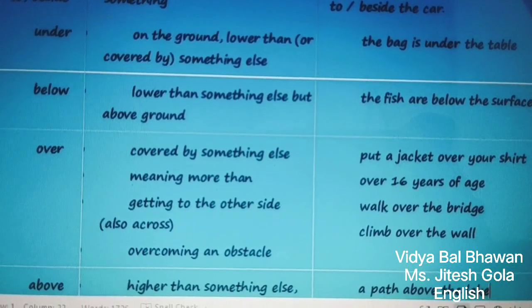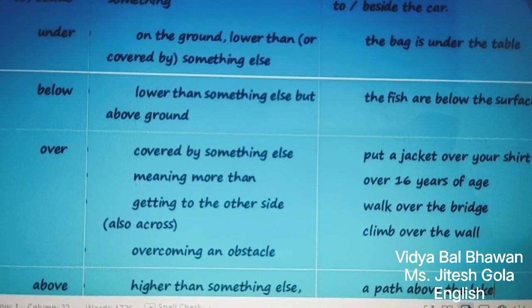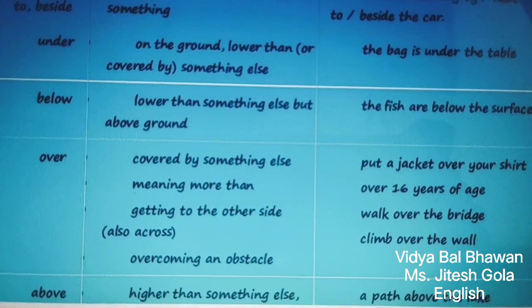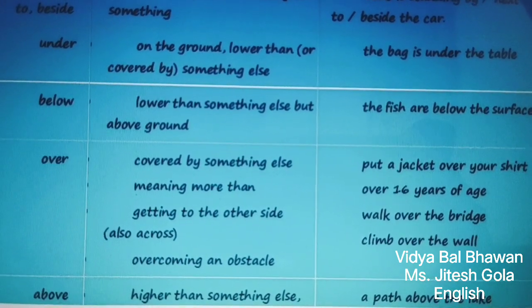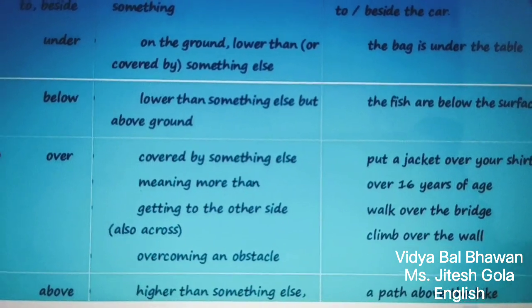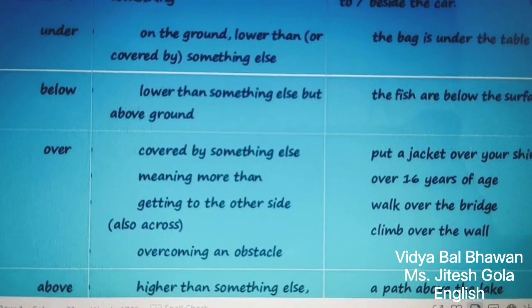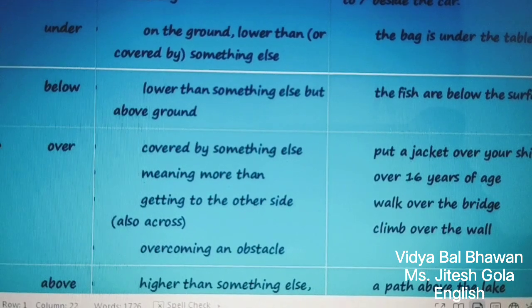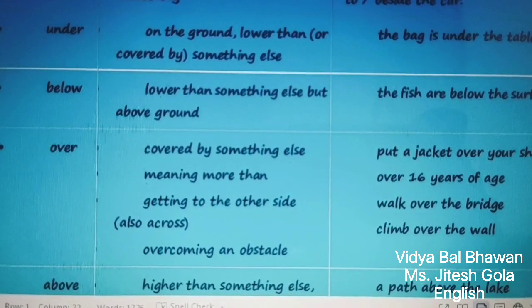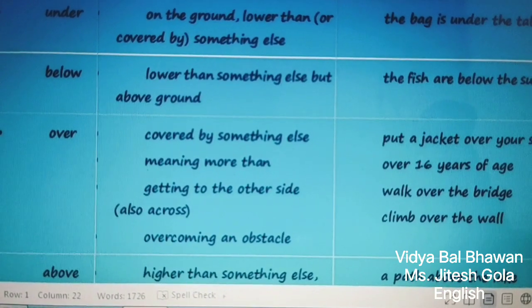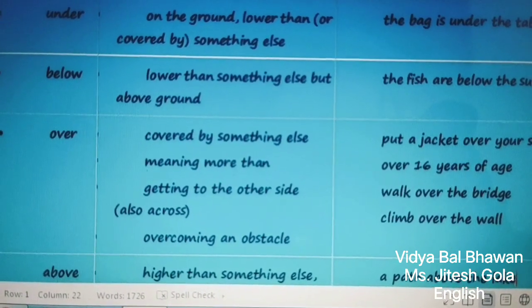Next, over can be used for more than, like I have been living here over 16 years. Or another sentence you can make, over 16 years of age are not allowed in this play station. Next one, the use of that you can see, getting to the other side, or you can go for across also.